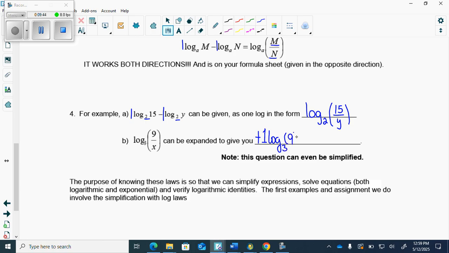Then minus 1, because it's over x, log base 3 of x. And the reason why we expand it is this log base 3 of 9 is an actual answer. What is log base 3 of 9? 2, minus log base 3 of x. That's the reason why you expand it. All right, flip over.